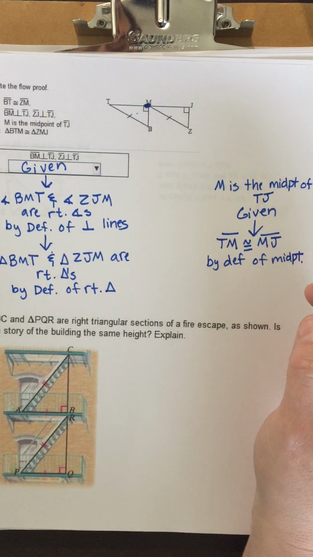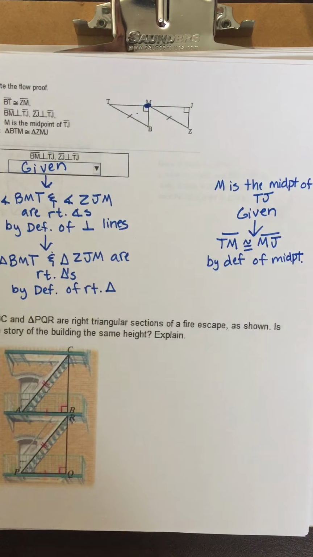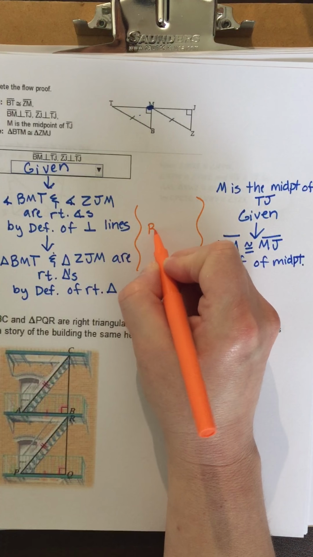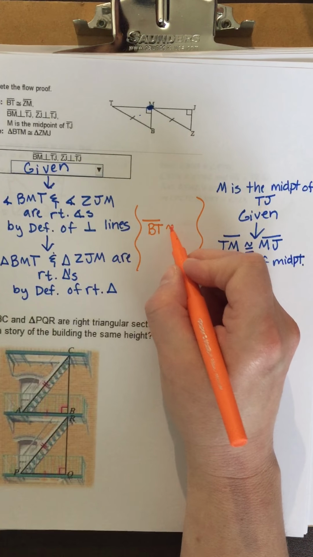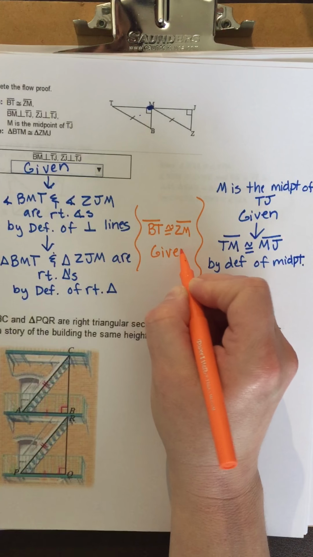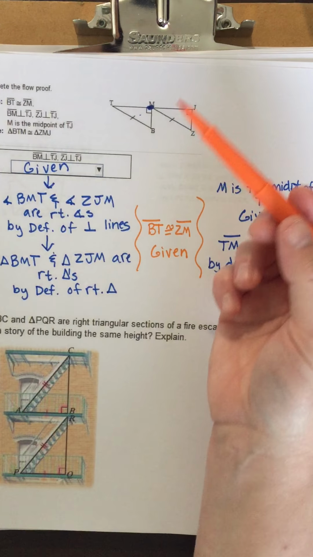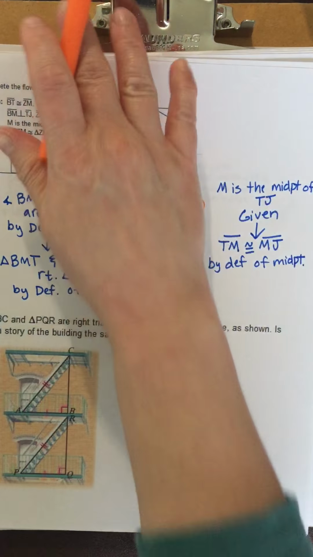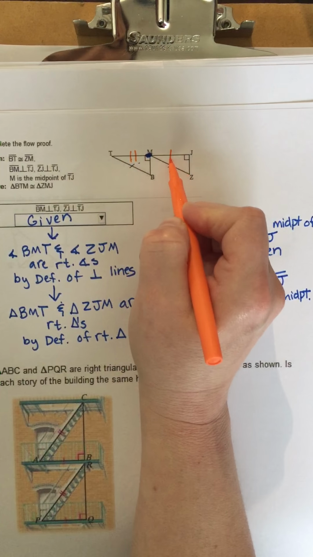All right, and we have another given. I'm going to use a different color and just kind of write that in the middle here so we can flow with it. We have BT is congruent to ZM, and that was given to me. So look at what we got here. We have that these are congruent, and because of the midpoint, these are congruent.